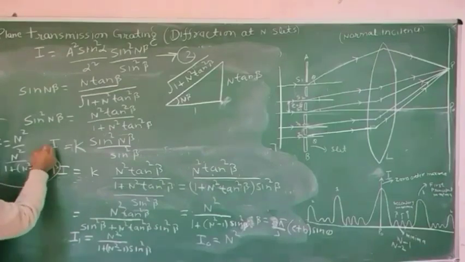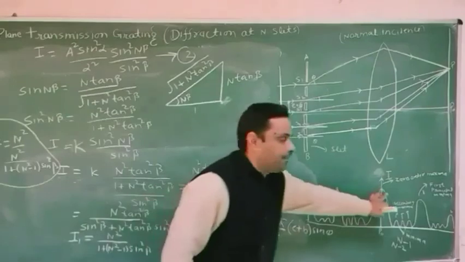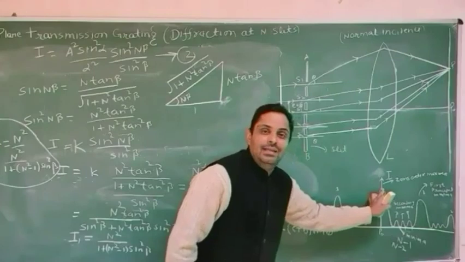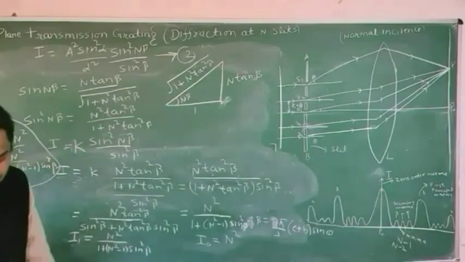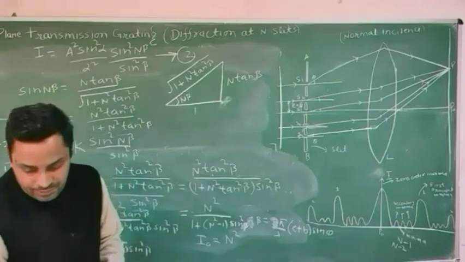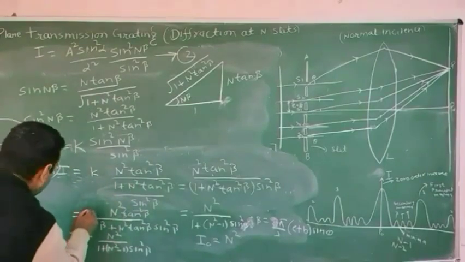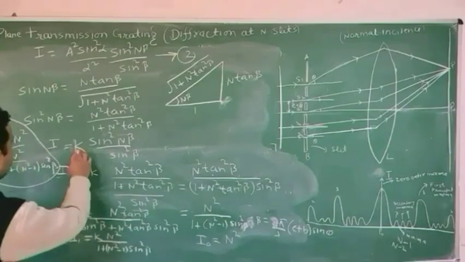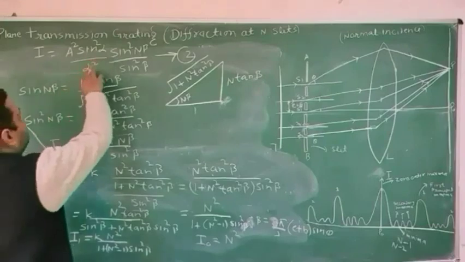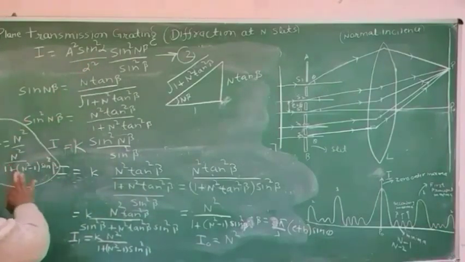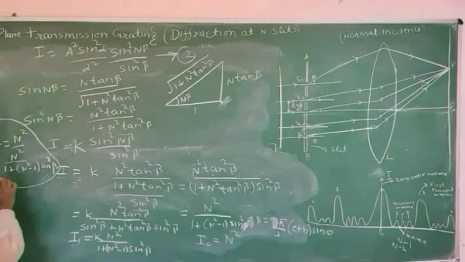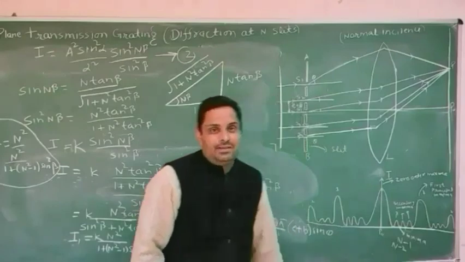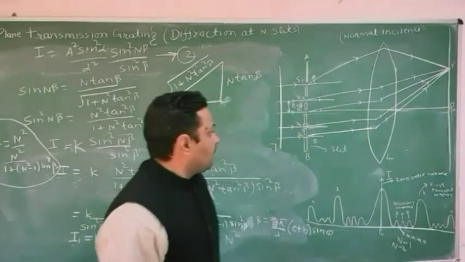So this is the basic intensity difference between the first principal maximum on both sides and the zero order maximum. Understand? Here the constant k is also there, k is a square sin square α upon α square. So this is the basic condition for the secondary maxima here. So thank you very much.